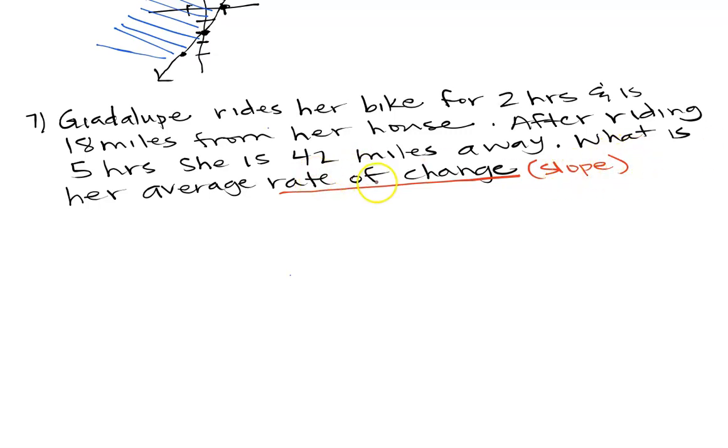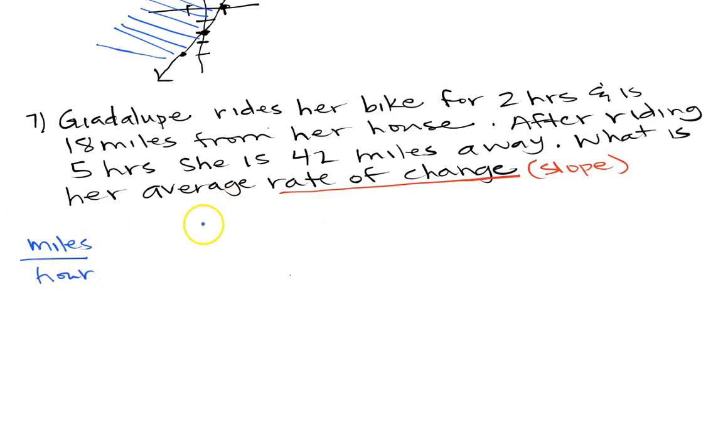So remember that, we're trying to find miles per hour, that is going to be the rate we're looking for, right? So I'm going to write that over here. So we want to find the miles per hour.